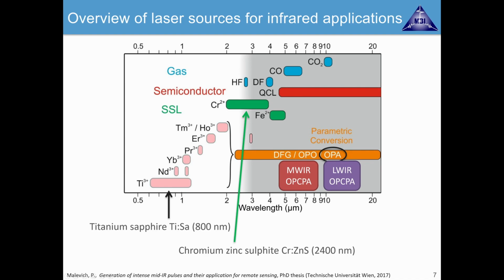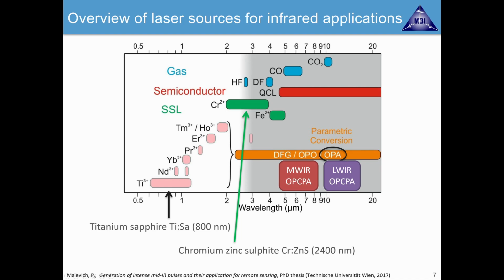These are the rare earth ions, which are also quite used here. For example, ytterbium and holmium, which are typically used for the front end and to provide the pump and the signal for the OPA process. Some of you might be familiar with the titanium sapphire laser. This is just the workhorse of typical OPCPA systems.